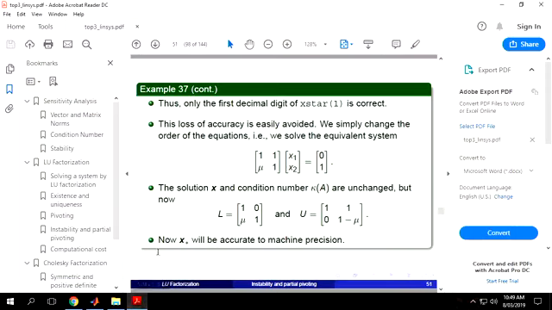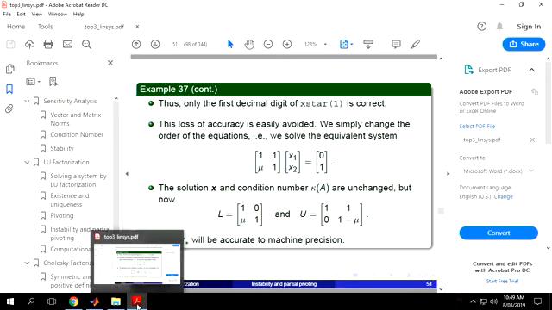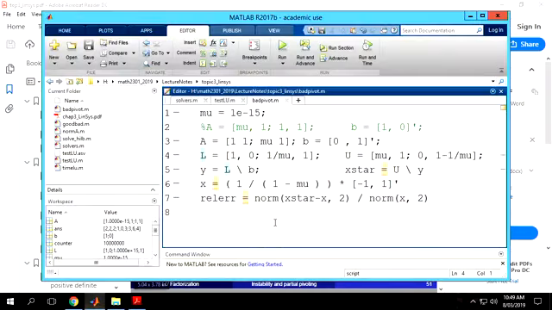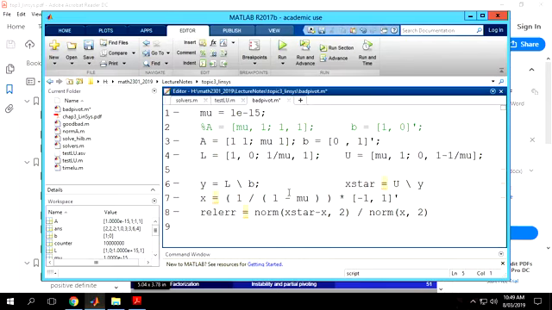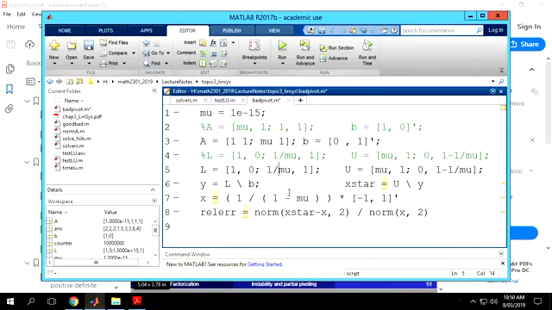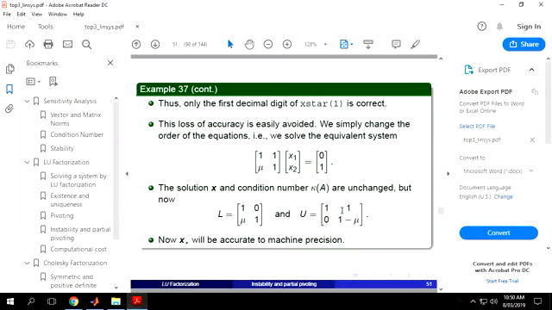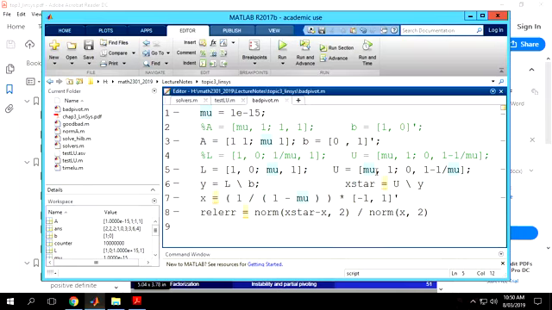So L will be 1, 0, and mu 1. And the second one, U, will be 1, 1, and 0, 1 minus mu.